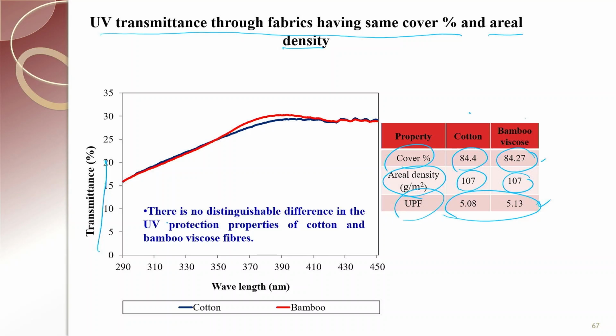What we have observed is that there is no distinguishable difference in the UV protection properties of cotton and bamboo viscose fibers. You will see that they are almost the same, the lines are overlapping. So, there is no difference.